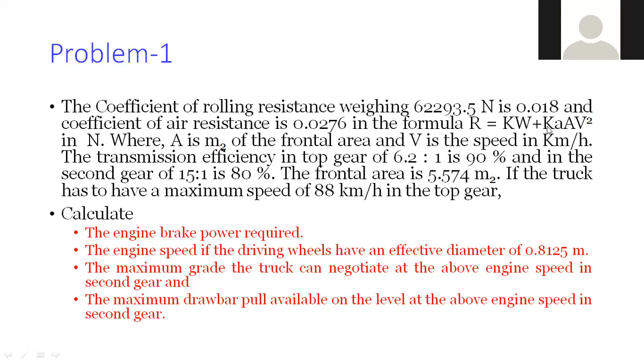They have given the formula also, in Newton, where A is frontal area in meter square, and V is speed in kilometers per hour. The transmission efficiency in top gear of 6.2 to 1 is 90%, and in the second gear of 15 to 1 is 80%. The frontal area is 5.574 meters square.